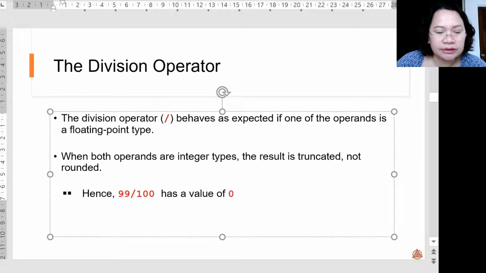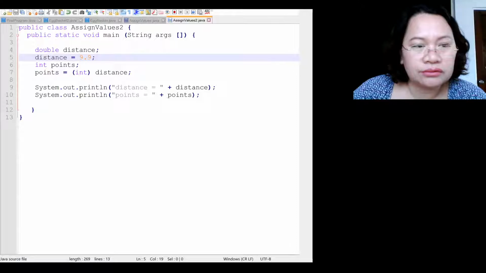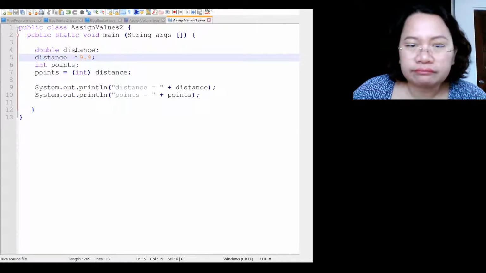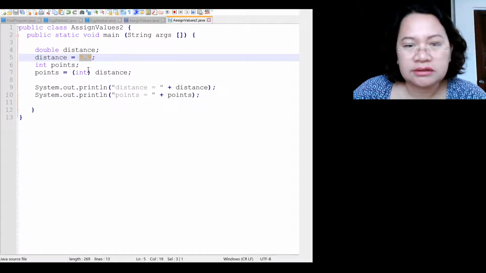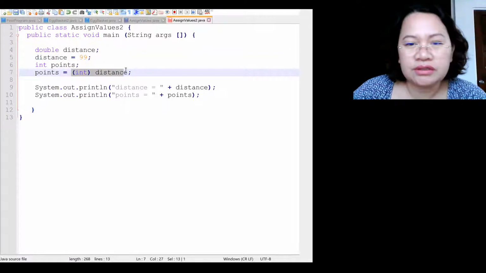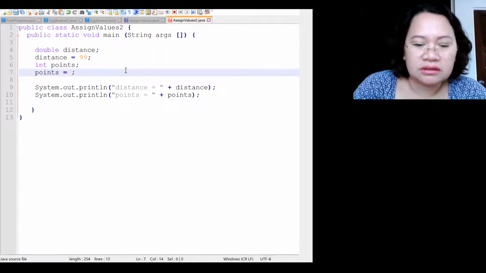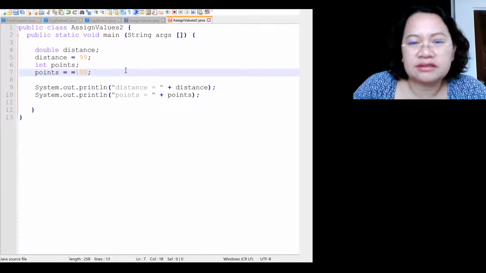So example, let's go to Notepad and plug it in. So, shall we say you have distance, mo na ko siyang 99, and then shall we say points equals 100. Ay, number equal done.